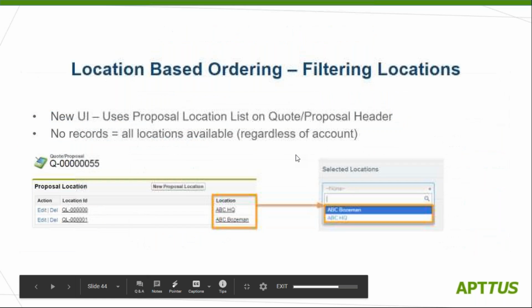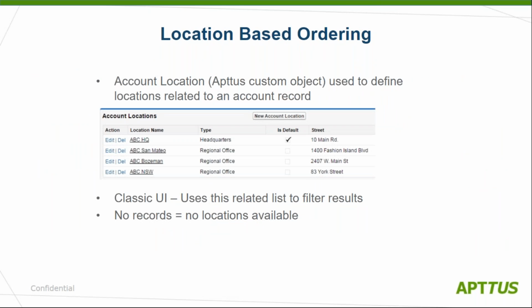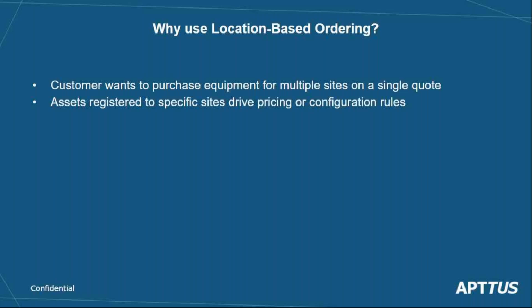So that is this location based ordering. Why do we use location based ordering? If the customer wants to purchase equipment for multiple sites on a single quote, then we can do that. So it will accordingly be captured that the equipment has to be delivered to multiple places.